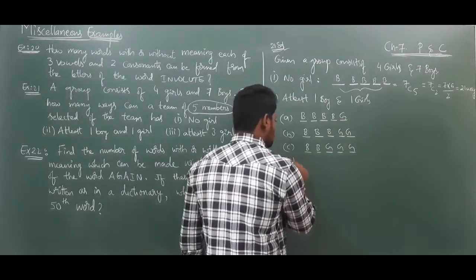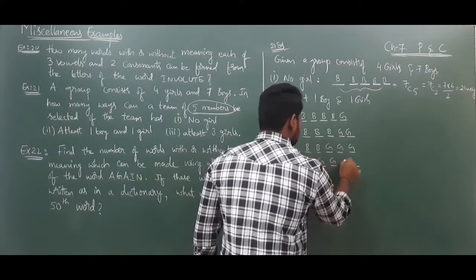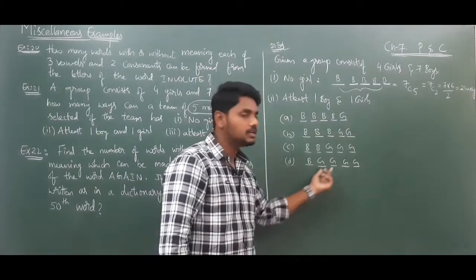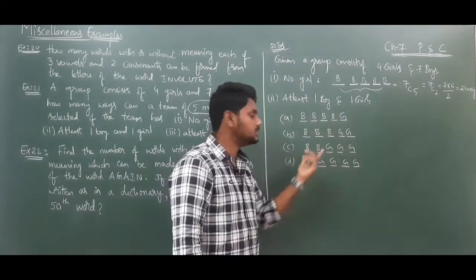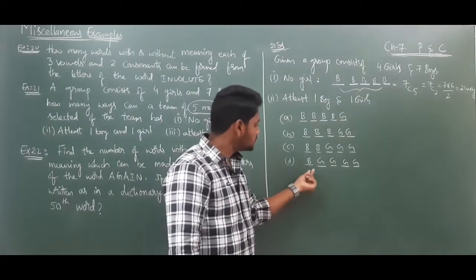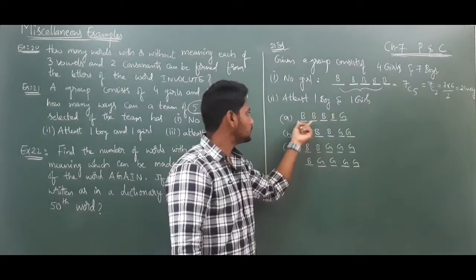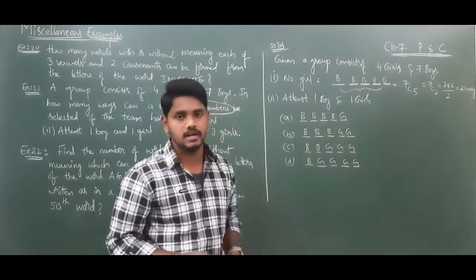Next one, 1 boy, 4 girls case. Here also at least 1 boy, 1 girl is there. But if we take all 5 girls, no, it should be at least 1 boy. Here also not all boys, at least 1 girl should be there. So these are the 4 conditions.